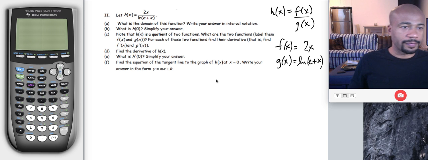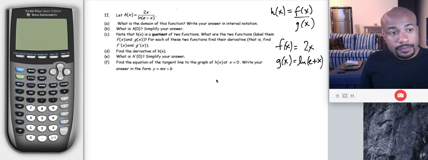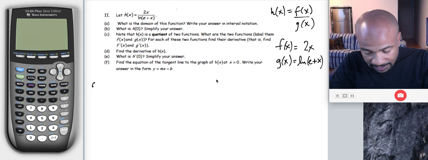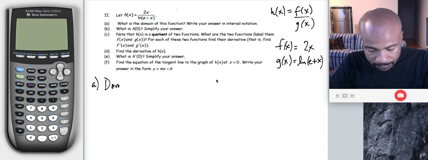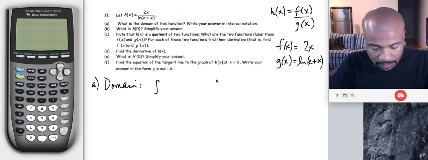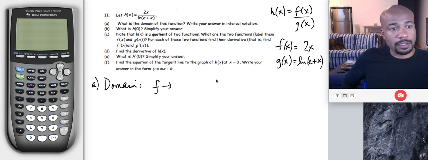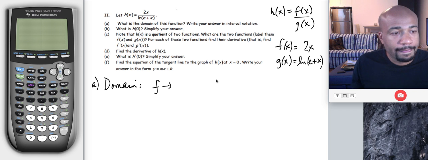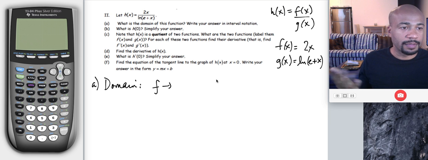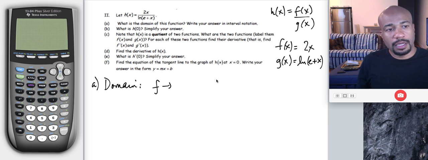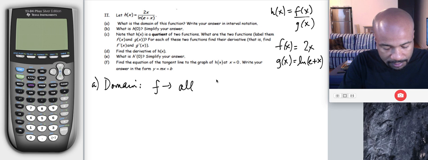We can do the derivatives later, but ultimately, to do part A, the domain of f is going to be all reals. And it's all reals because it's a linear function, right? So linear lines go on forever in the x direction and in the y direction. So all reals.